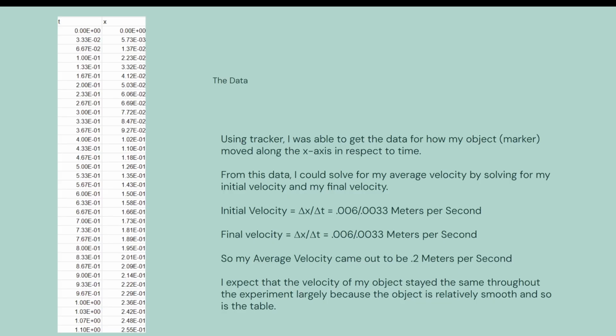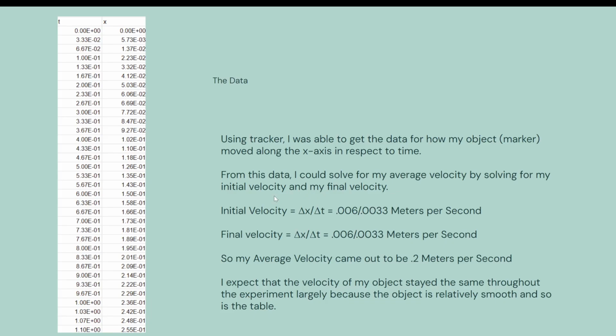From this data, I could solve for the average velocity of my marker by solving for its initial velocity and its final velocity. So the initial velocity I solved by using these two data points here, and that got me my change in x, or change in position, over change in time.